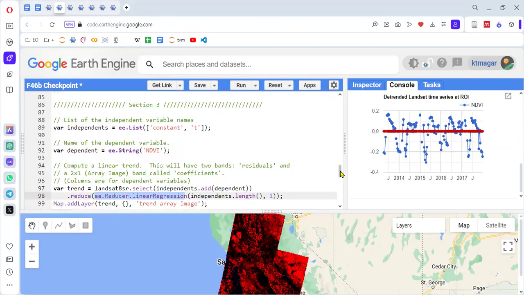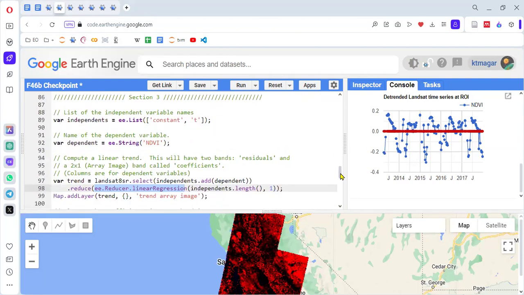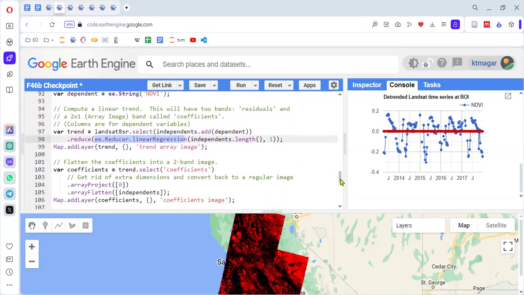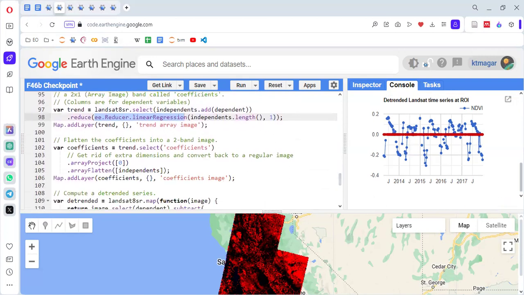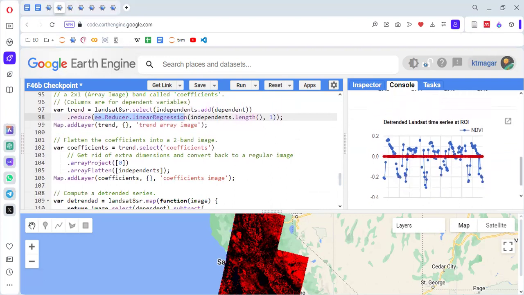So here we have the simple code to fit the trend model to this Landsat-based NDVI time series using ordinary least squares with this linear regression reducer. And this detrends the original NDVI time series and plots the time series chart with the trend line parameter.